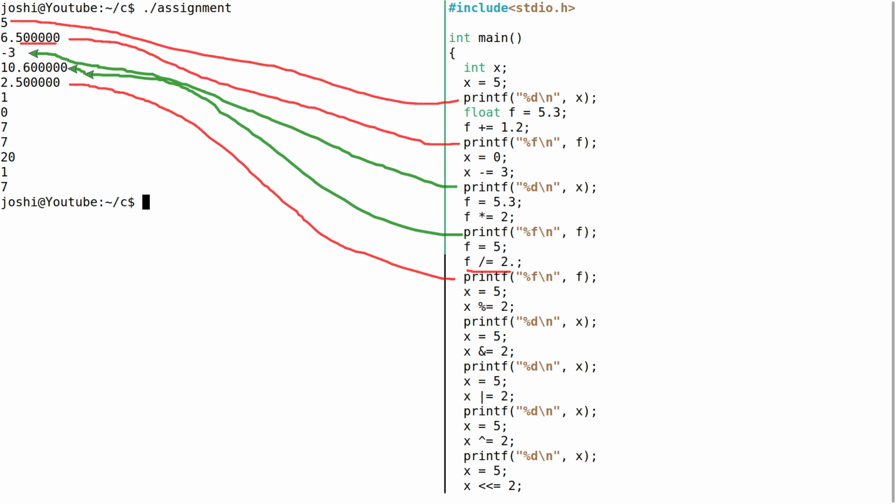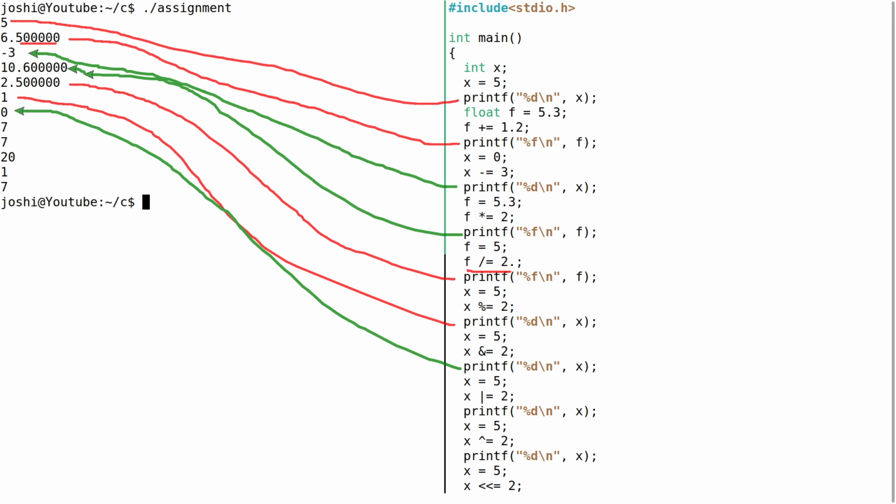Here 5 divided by 2, the remainder would be 1. So this is 1. Okay. Now x into bitwise AND, you can verify that it would be 0. And this is 7 corresponding to this.